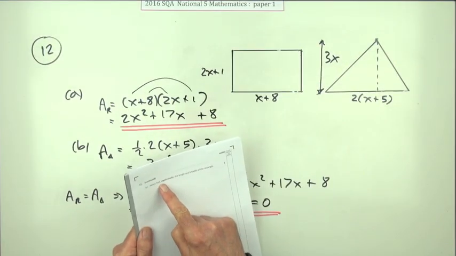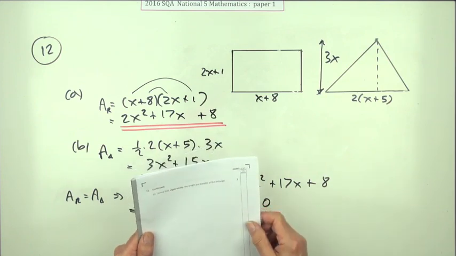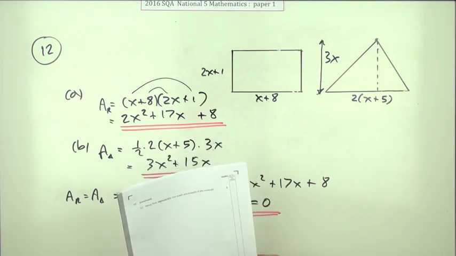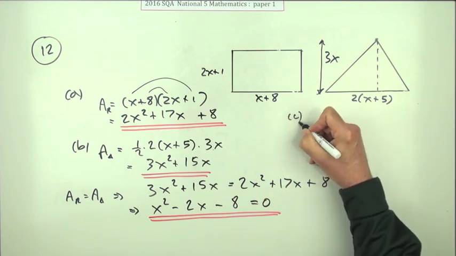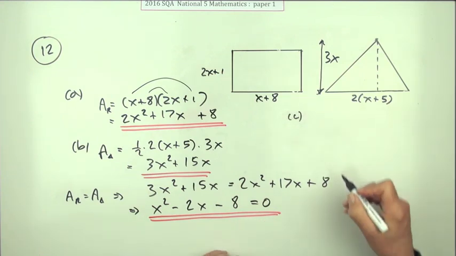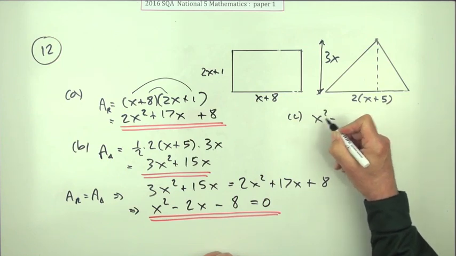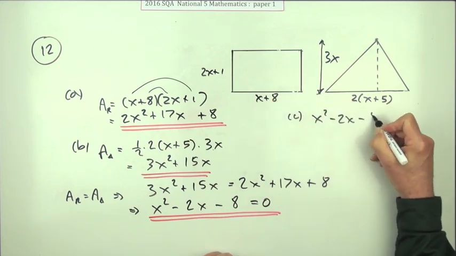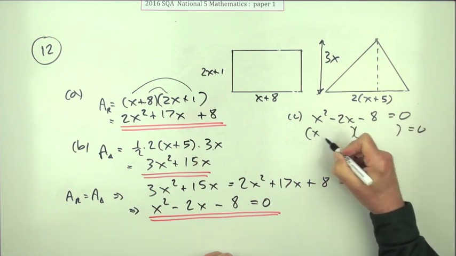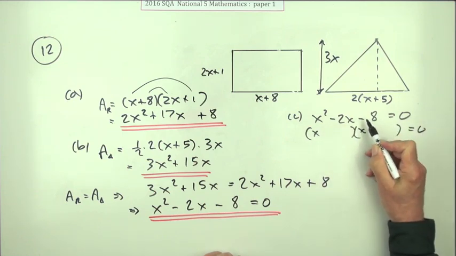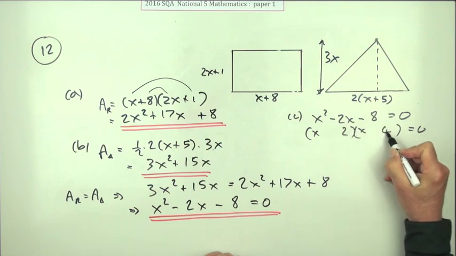Part C says, hence find algebraically the length and breadth of the rectangle, for 3 marks. Well, there's an equation for x, and then I can feed it back in. So factorise that. x times x, multiply to give 8 with a difference of 2, that's 2 and 4.